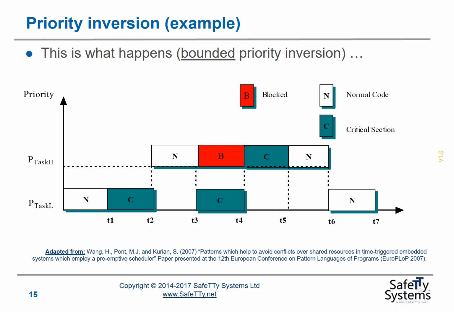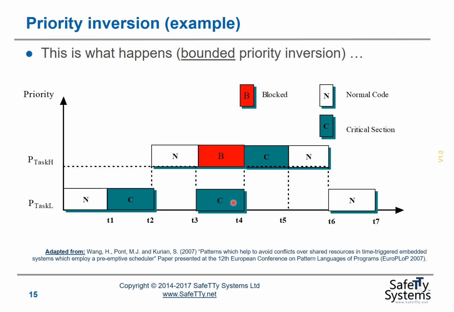We have the low priority task running for the first 2 time periods. Then the high priority task kicks in. At this point, the high priority task can run and can interrupt the low priority task because the high priority task is running normal code. At this point, the high priority task doesn't require access to our ADC, our shared resource.